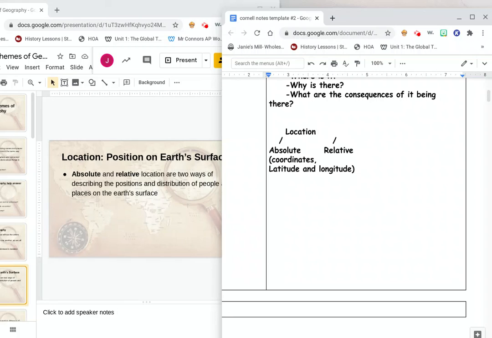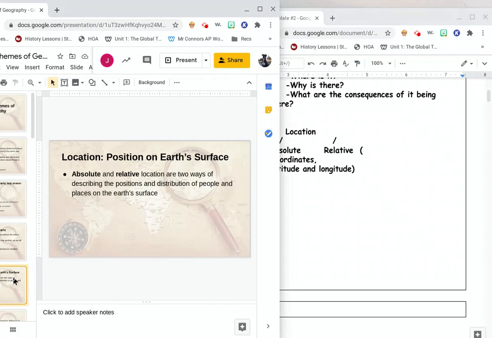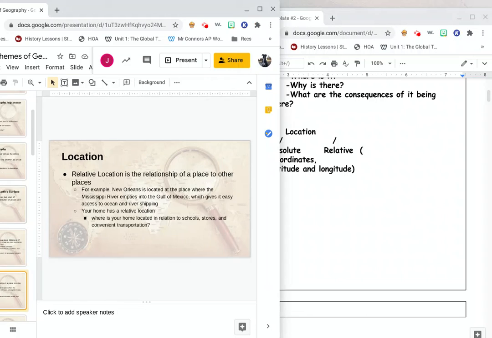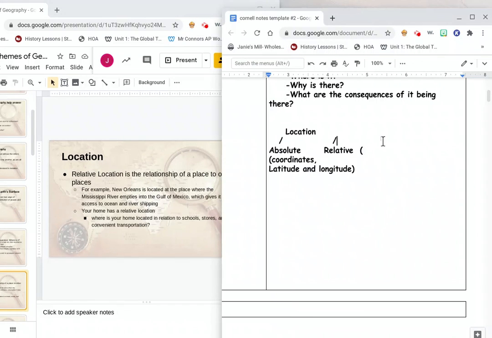In terms of relative location, we are going to look, and actually I could skip ahead to that. We can look at such things as where they're positioned in relation to other things.